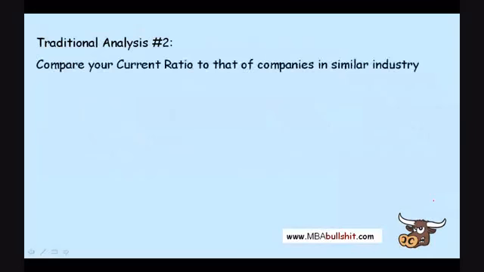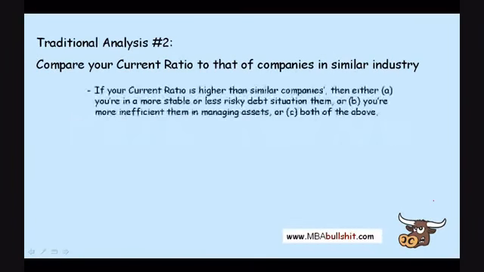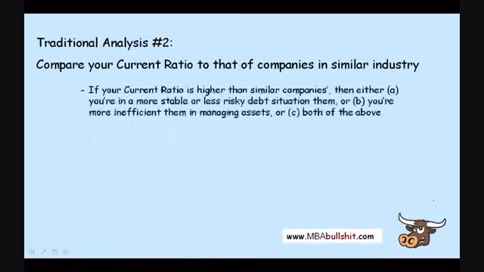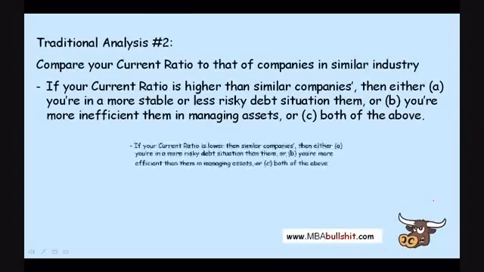And the traditional analysis number 2 is to compare your current ratio to that of companies in a similar industry. I'd like to stress similar industry because it's normal for companies from different industries to have very different current ratios. So if your current ratio is higher than similar companies, then either you're in a more stable or less risky debt situation than them, or it could also mean that you're more inefficient than them in managing assets, or both of the above.